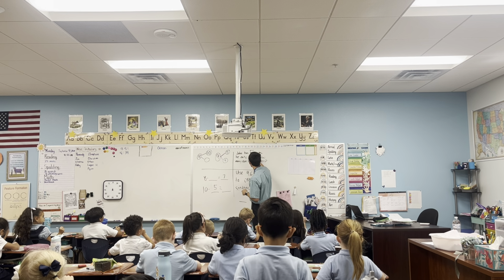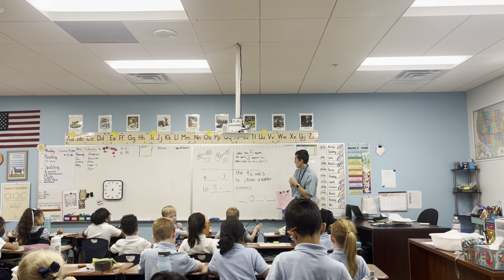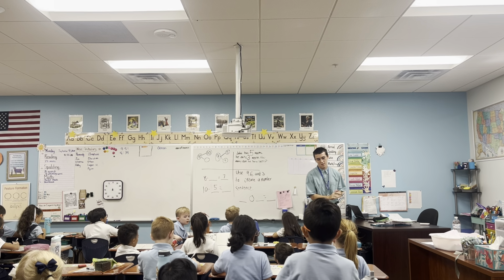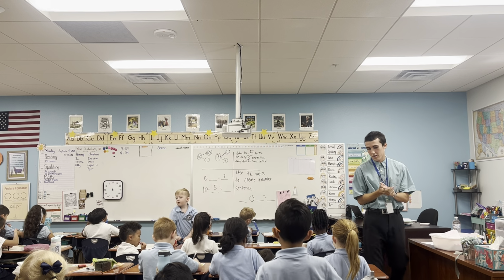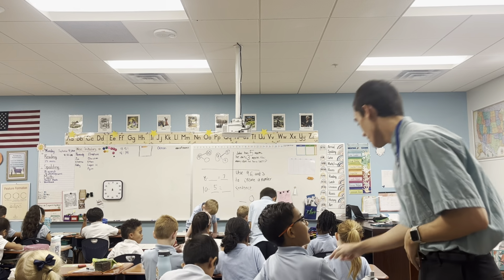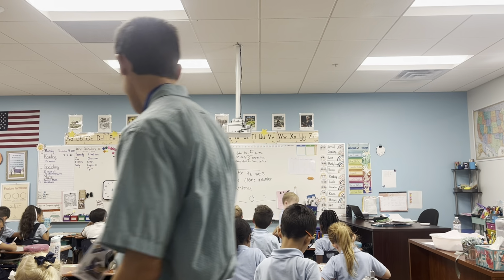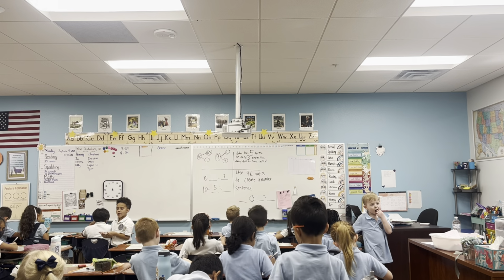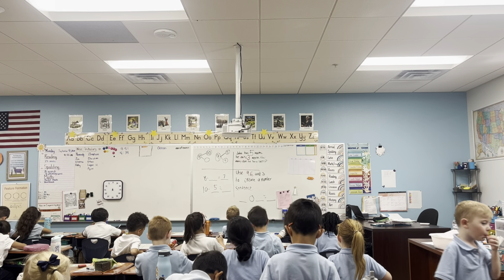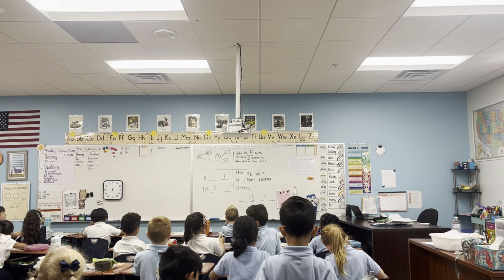I know, make it so you guys can see it easier. Okay, I love how Eliana's working so hard. It says John has 5 apples. He eats 3.